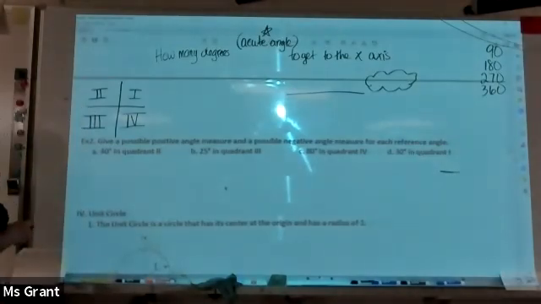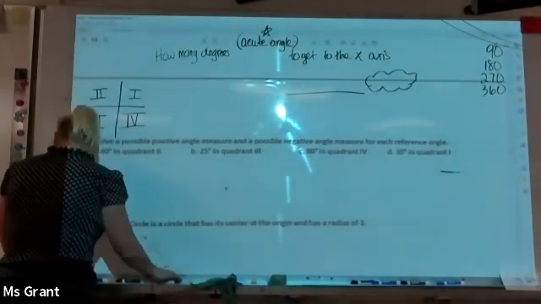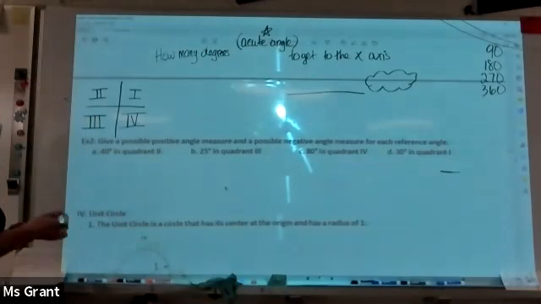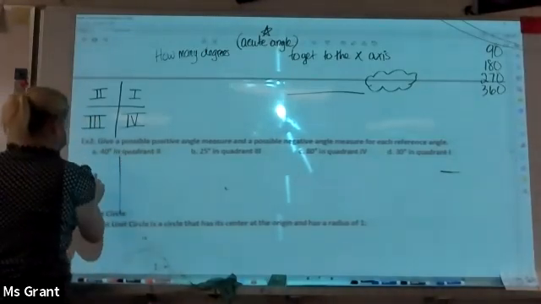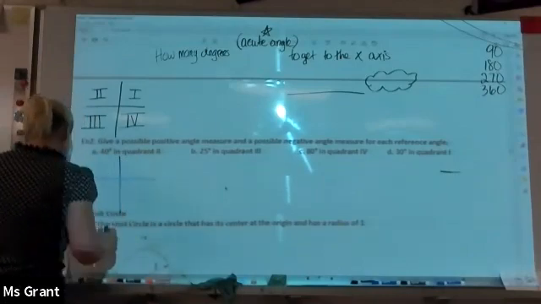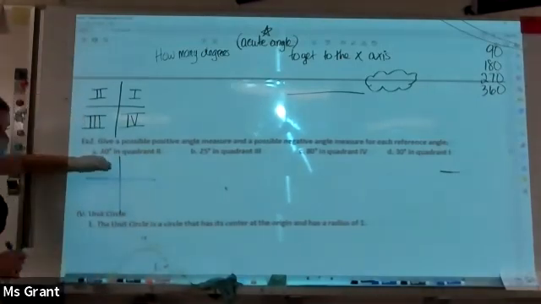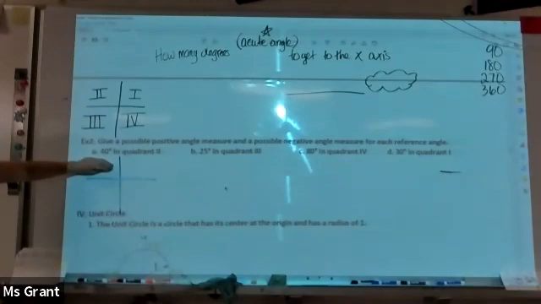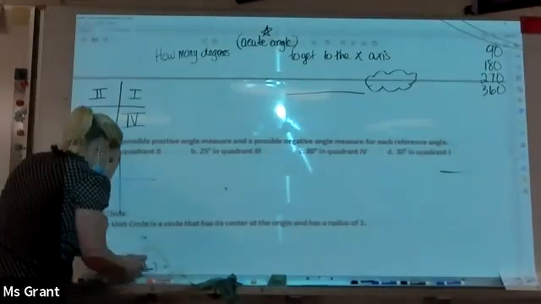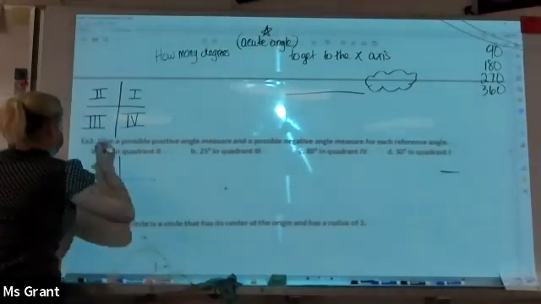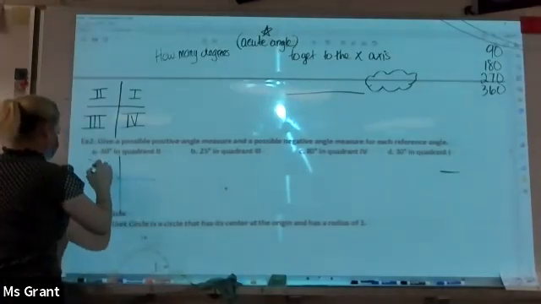Where does the 40 degrees come from? The 40 degrees comes from the x-axis. So I go off of the x-axis, never the y-axis. In quadrant 2, that's right here, right? I'm going to make a 40-degree angle, and it's going to be like this.